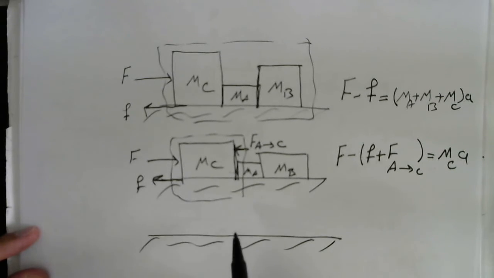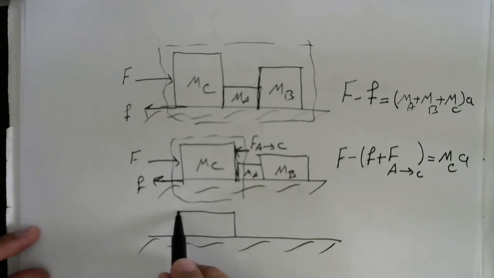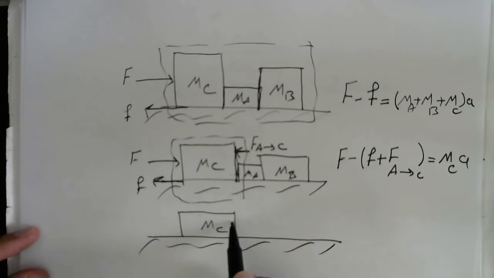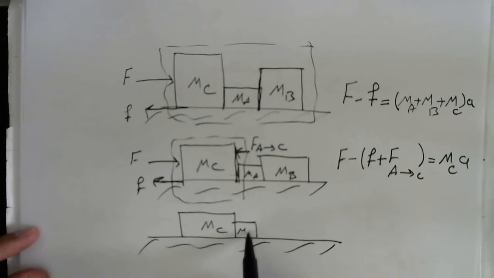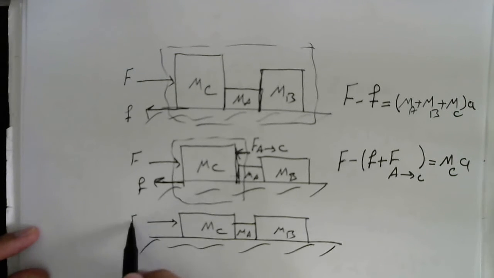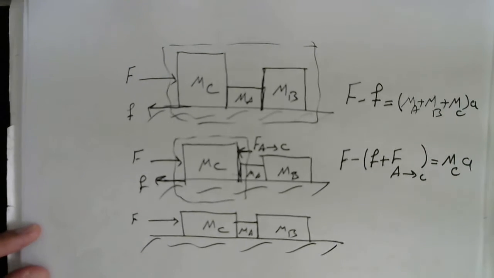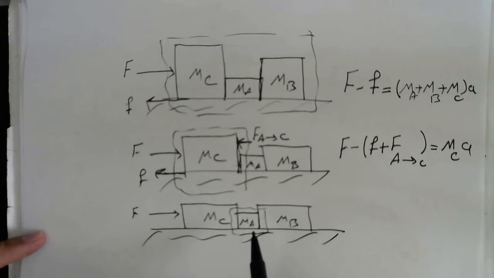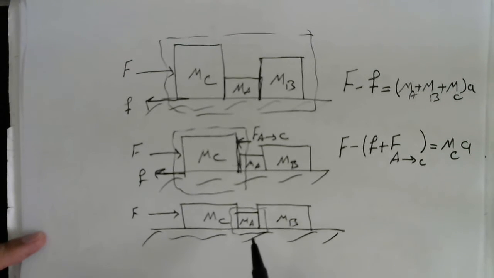Now imagine I consider A as my system. So this is F acting here. If I consider A as a system, then F is not acting on A. So F is not going to be a force for the case that A is the system.